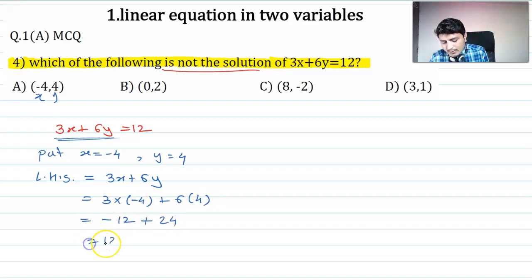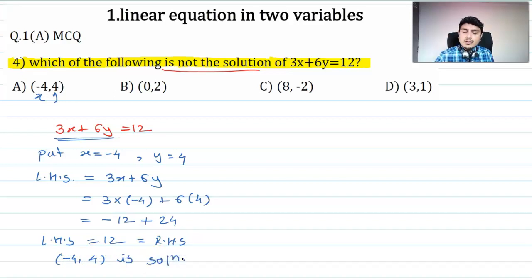Minus 12 plus 24 is 12. So after simplifying the LHS, we definitely get the RHS. So we can say that minus 4 comma 4 is a solution of the given linear equation in 2 variables.